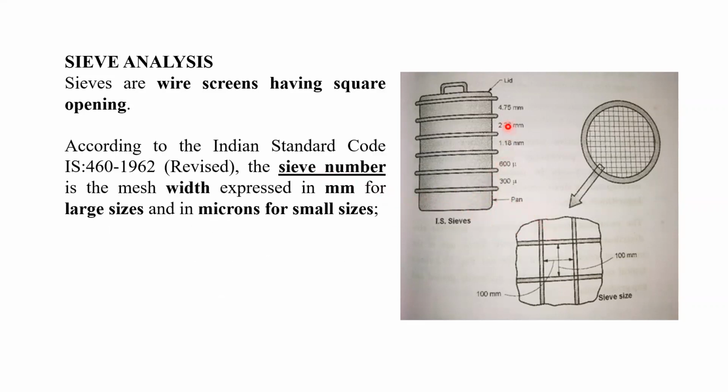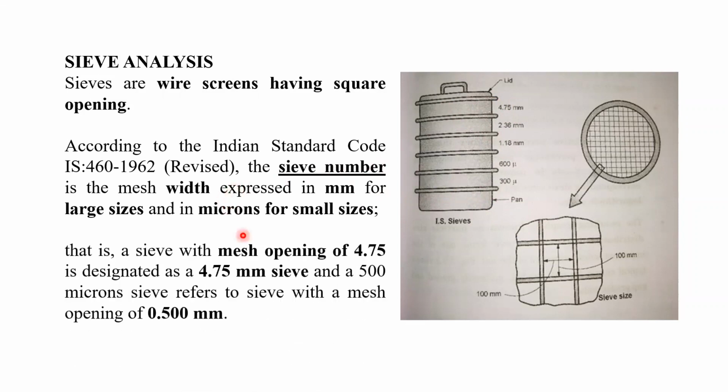Suppose you have different sieves, such as the 4.75 mm sieve and the 2.36 mm sieve. We can call the sieves by their sizes. Suppose in your lab you have the sieve of 4.75 mm; we can designate that sieve as 4.75 mm.